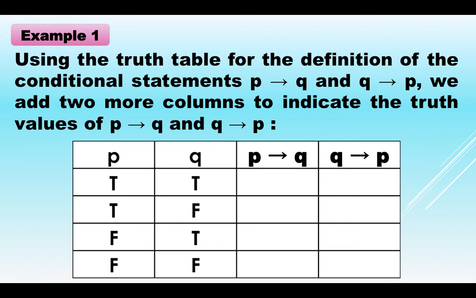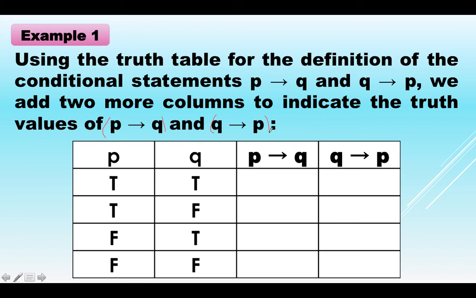Remember that before you solve the given equation that was presented a while ago, you need to solve muna yung mga nakaparenthesis. At yung dalawang nakaparenthesis kanina ay ito. We have P implies Q and Q implies P. So, ano ba ang rule kanina sa P implies Q or dun sa tinatawag nating conditional statement?